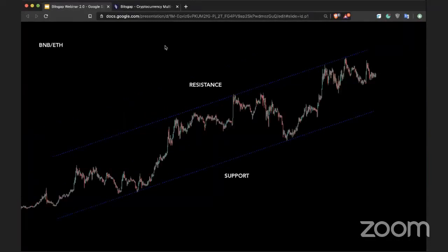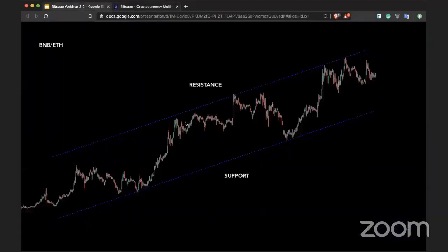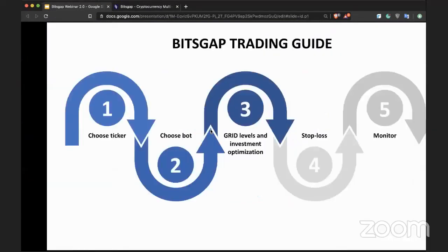So I already started speaking of the investment change and bot profit, and what makes these two key metrics so important is that, let's say we have an upside momentum.